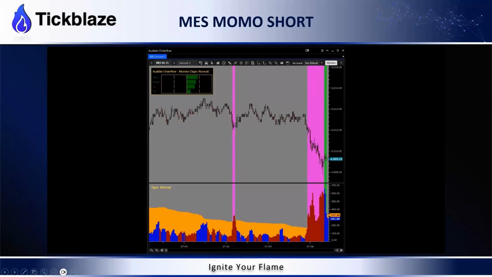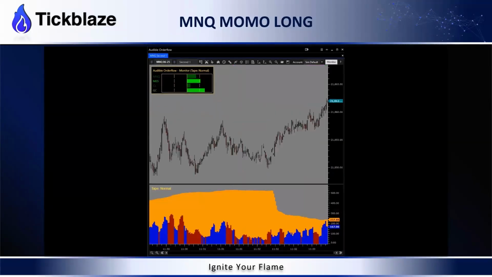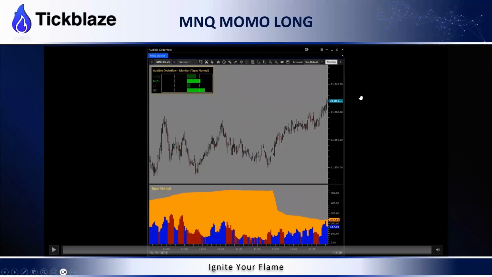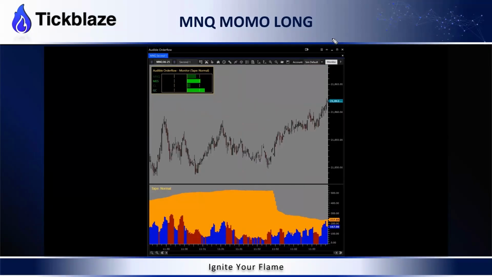So let's do another example, okay? So here's another Momo long. The market's trending long, the market's trending to the upside. And this might be just a couple big bars on a 1 minute or a 5 minute chart, right? That's the whole point.